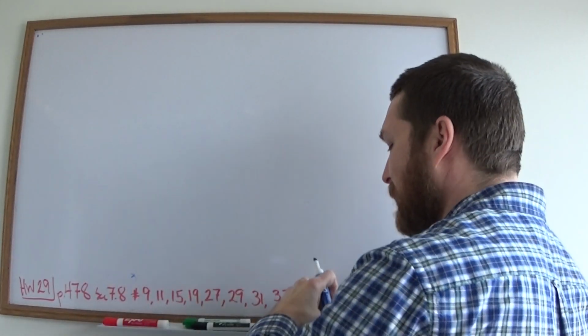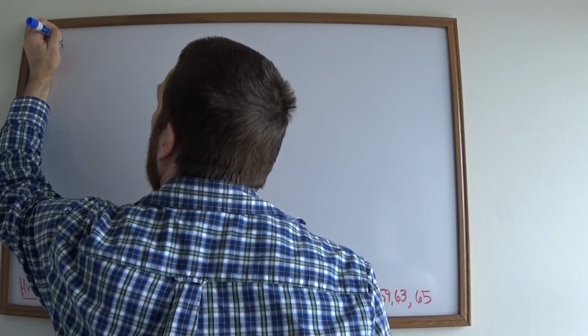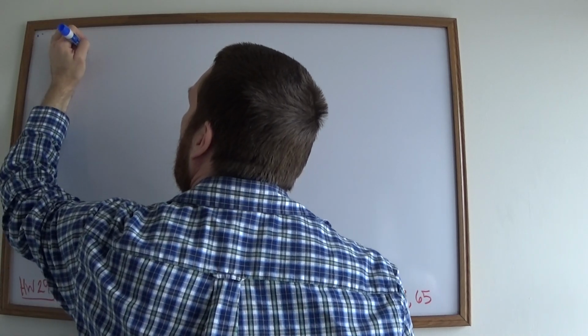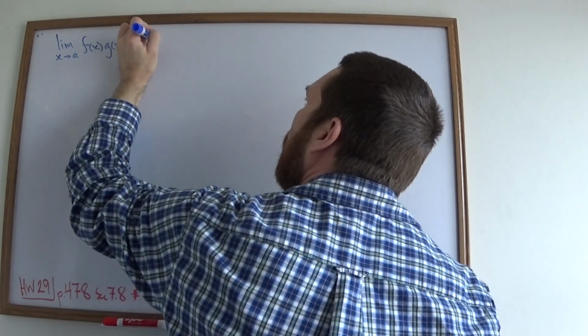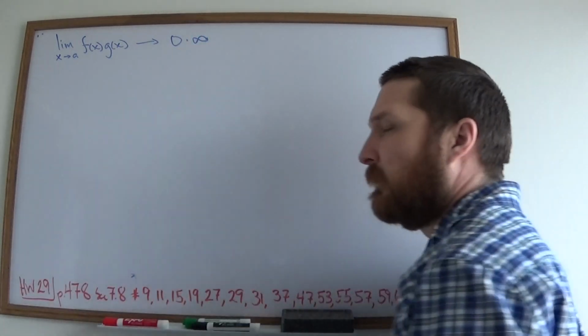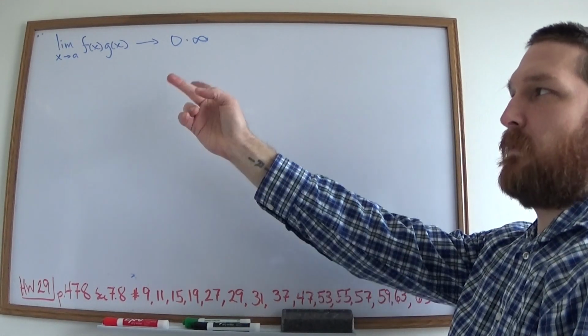Now we're going to talk about indeterminate forms of type zero times infinity, or infinity times zero. It doesn't matter which one's which.